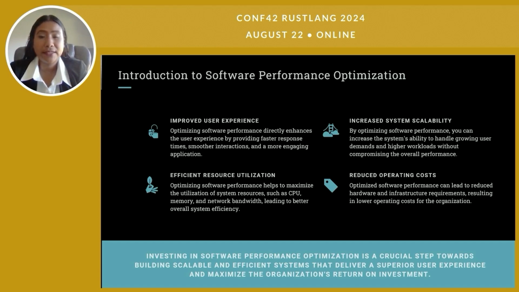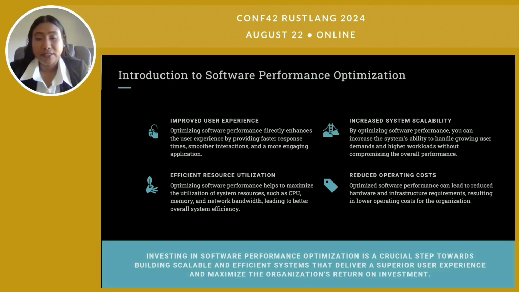We need to optimize it to enhance the experience by providing faster response times and smoother interactions for a more engaging application. The next one is increased system scalability. That means anyone has to be able to access it at the same speed from South America, North America, or from India to America. It should not depend upon geography. It should be accessible to everyone.